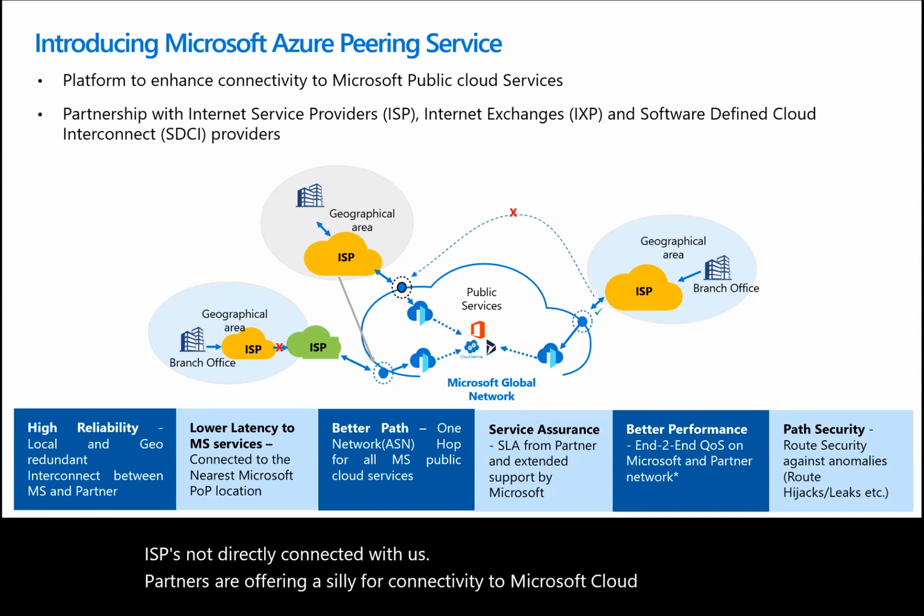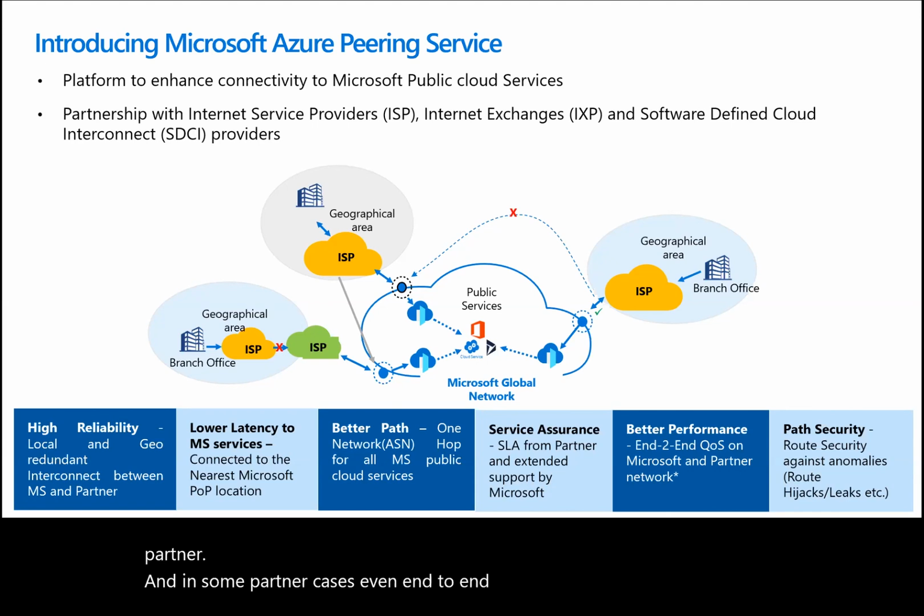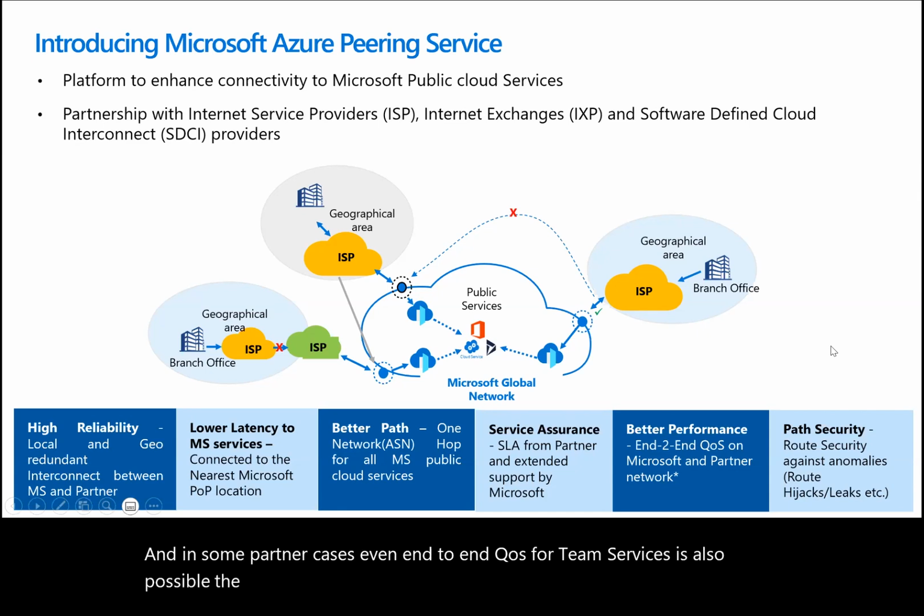It's the availability SLA. Some partners are offering, but it's completely at the discretion of the partner. And in some partner cases, even end-to-end QoS for Teams services is also possible. For path security, we have an internal system called Radar, or route anomaly detection and remediation.